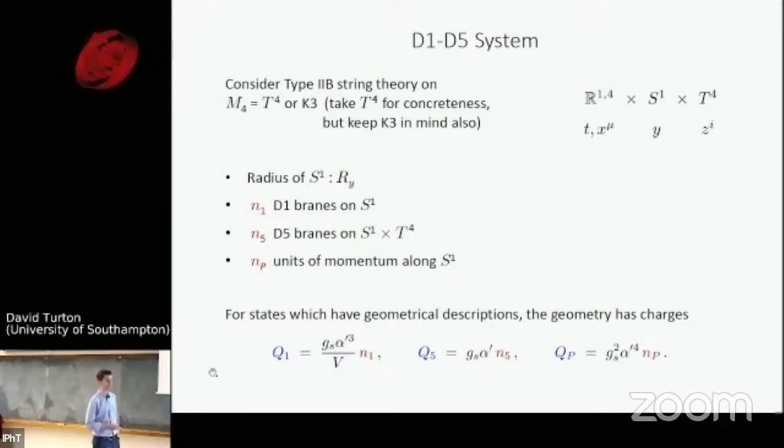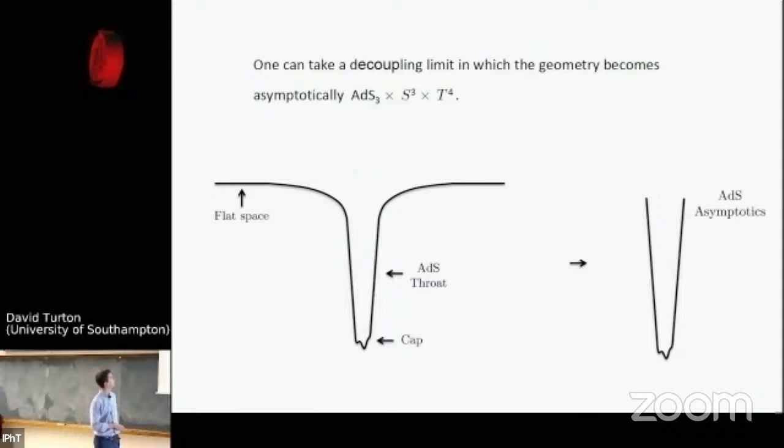For states which have geometrical descriptions, they'll have supergravity charges proportional to these integer numbers of branes. We'll be interested in taking a decoupling limit in which the solutions become asymptotically AdS3 times S3 times T4. We'll go back and forth between the flat asymptotics and the AdS asymptotics, depending on whether we're doing holography or not.